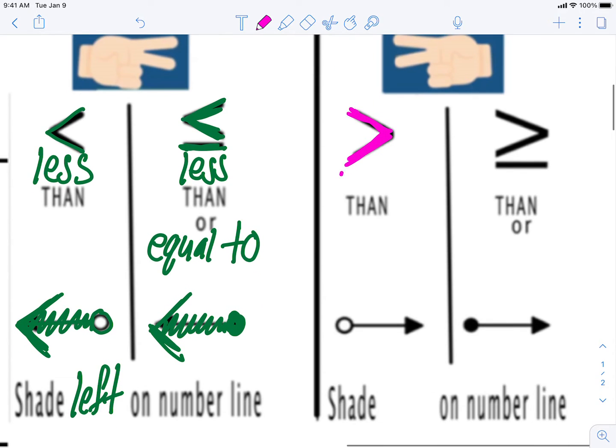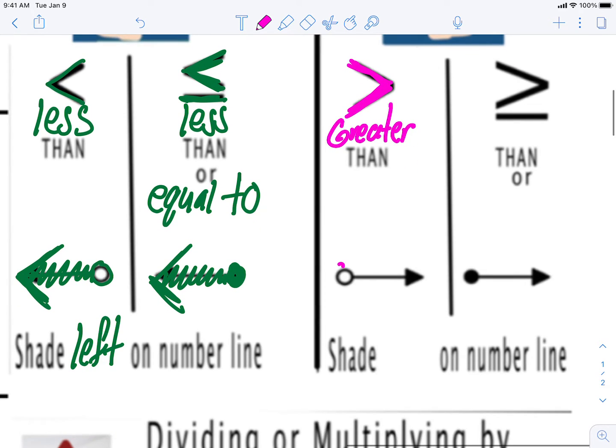And that's the greater than symbol. And for that one, we do an open circle and we shade to the right. So when we use our right hand, we shade right.